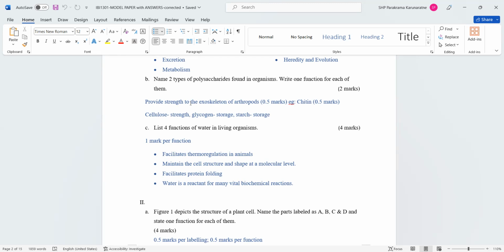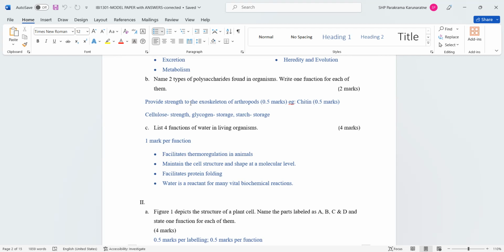1 mark per function. Facilitate thermoregulation in animals. When you are exercising too much, or if your body temperature goes higher, sweating is done by the water. When the sweat evaporates, the body gets cooler.